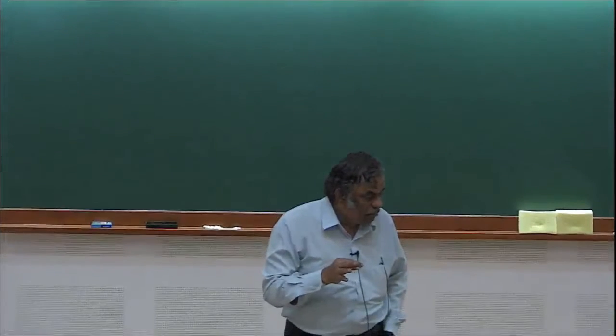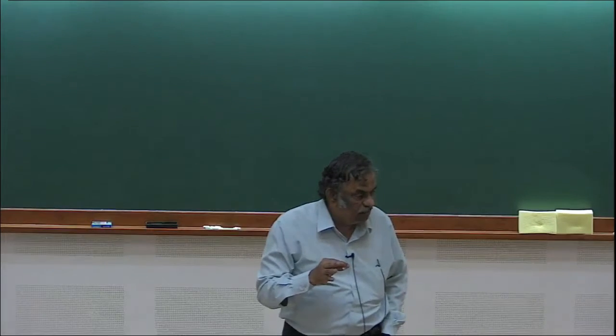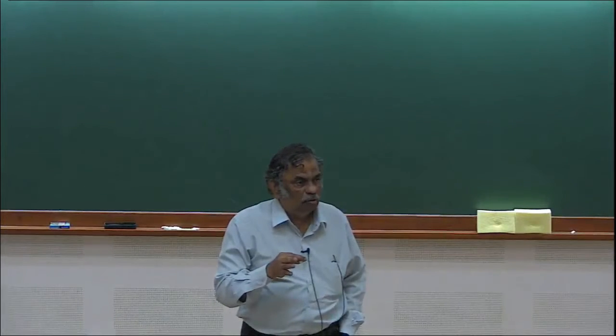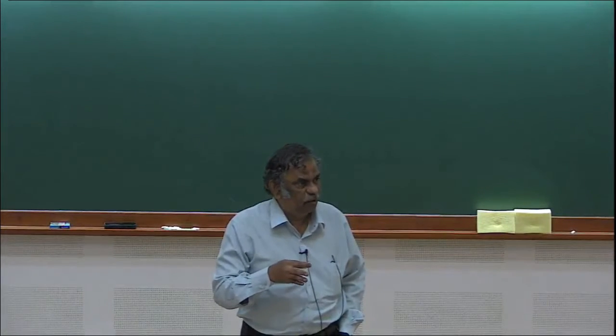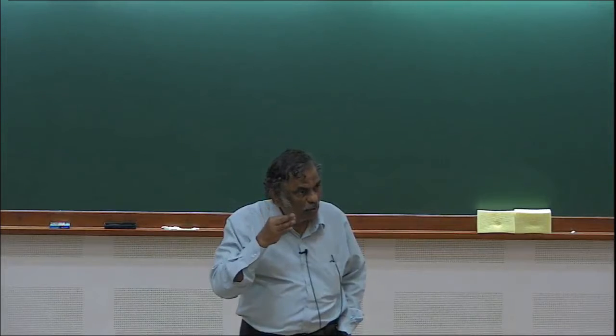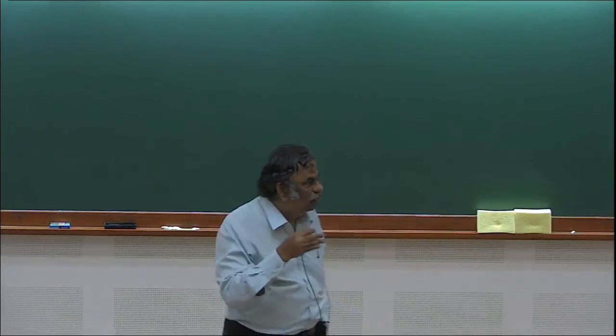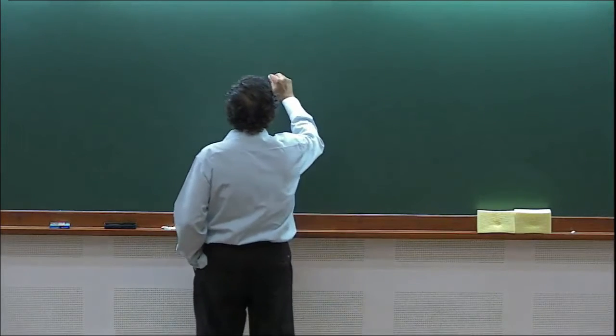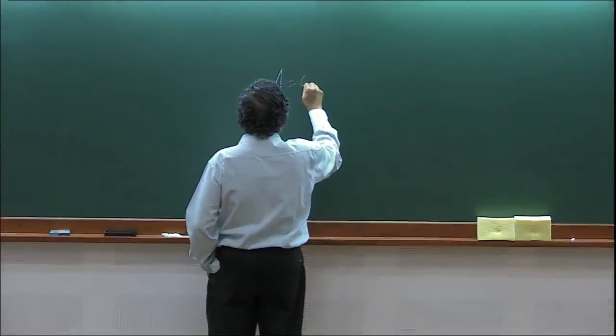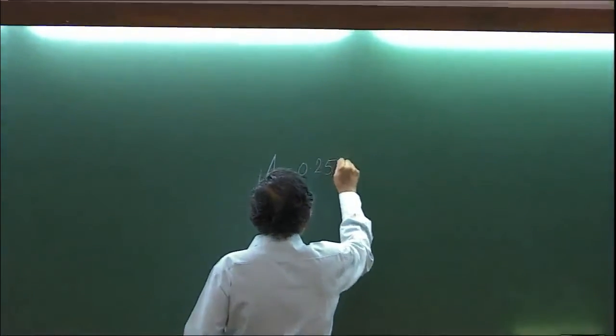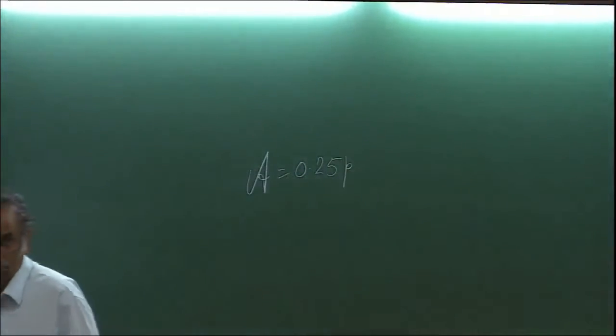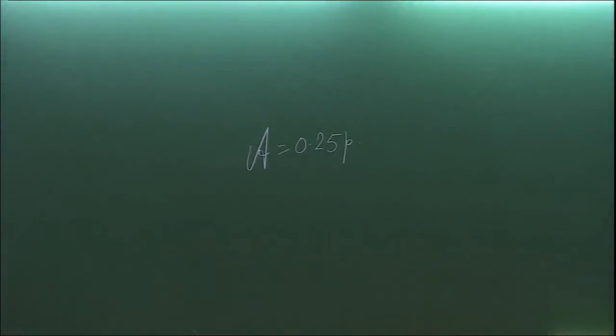That is essentially because in the last 10-15 minutes, I want to devote time to the construction by Saska of a set A of 0.25p, which is sum-free, but which is not a dilation of mod A to p minus A. And in fact, it was suggested that I should start with that example.